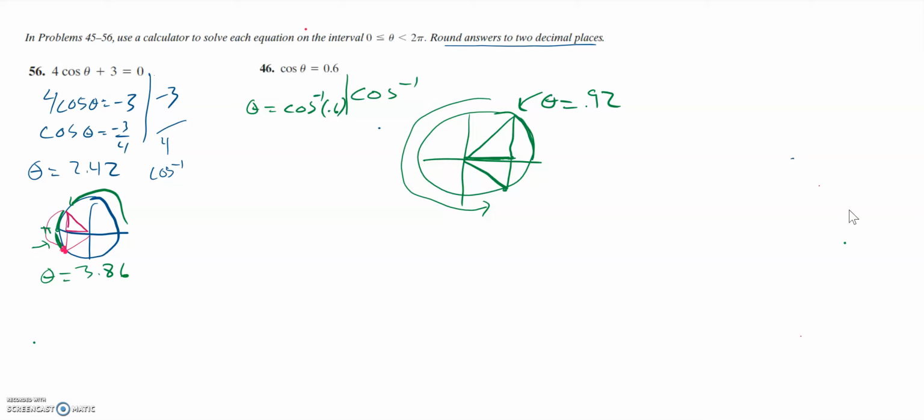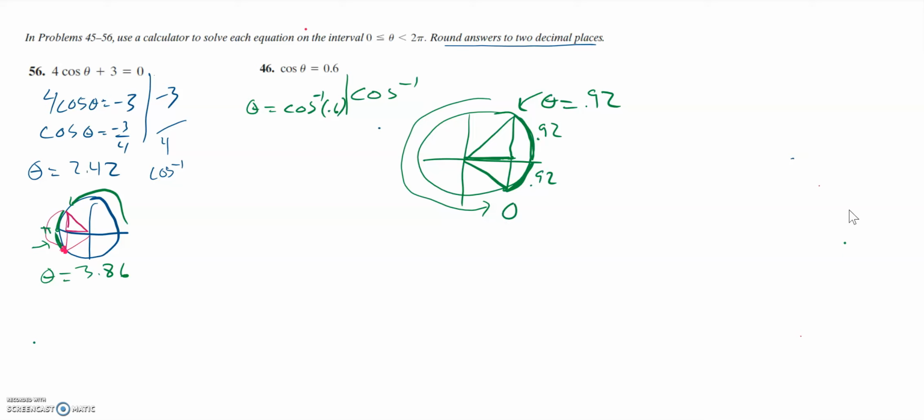If this length, remember radian is the length around the perimeter of a circle. This is the length of the part of the circumference here. So if this length is 0.92, then this reflected length is also 0.92.